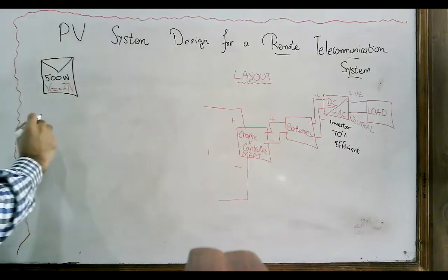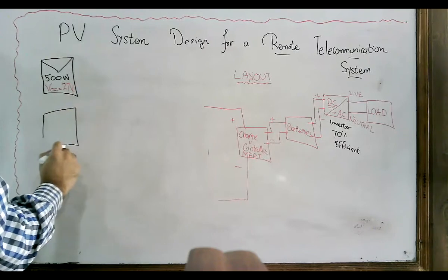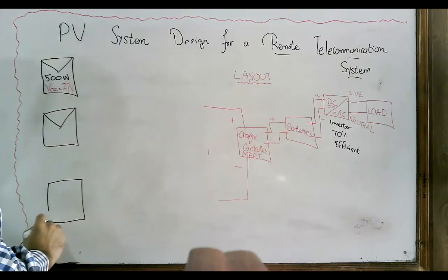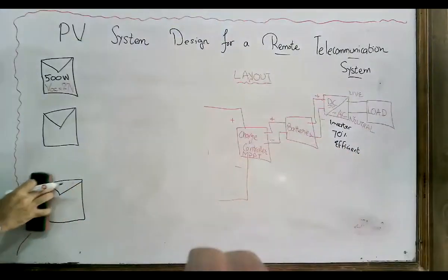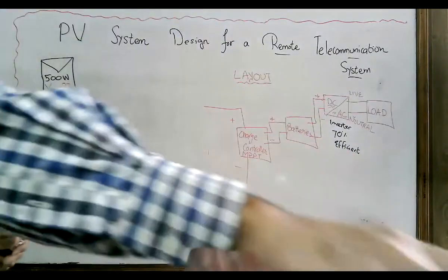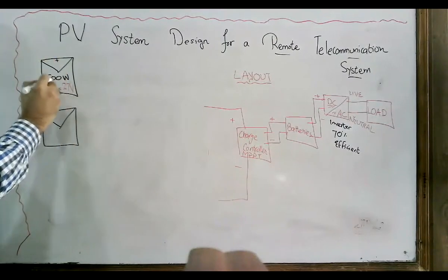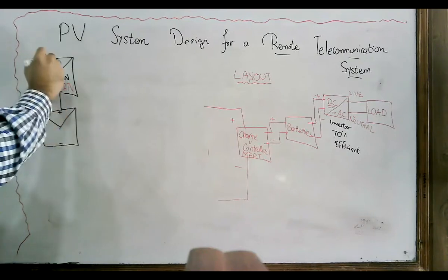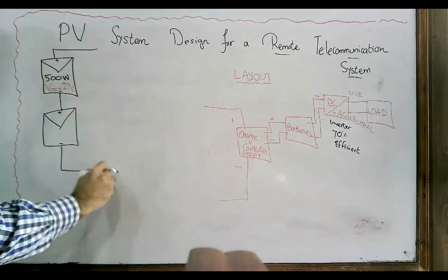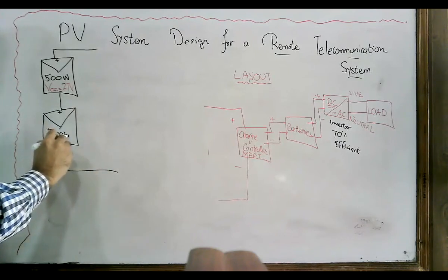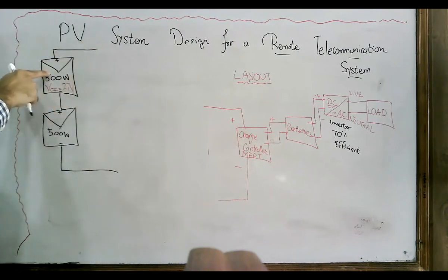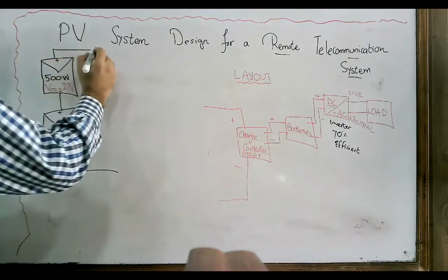Okay, and let's say we do this combination. We are connecting them in series and then in parallel. So here this is the 1000 watt array. This is the panel of 500 watt and this is the 1000 watt PV array.